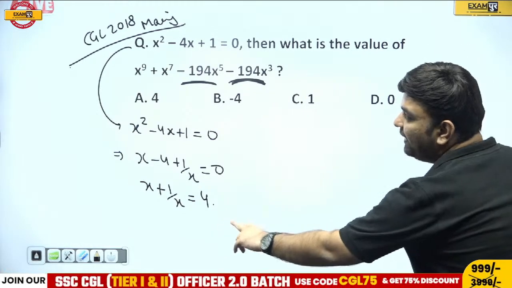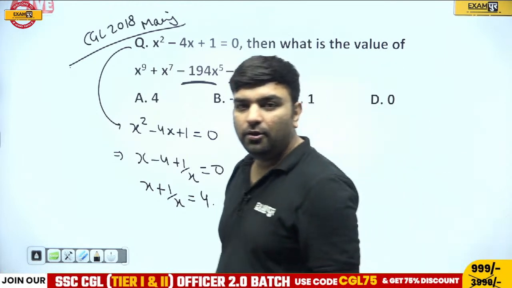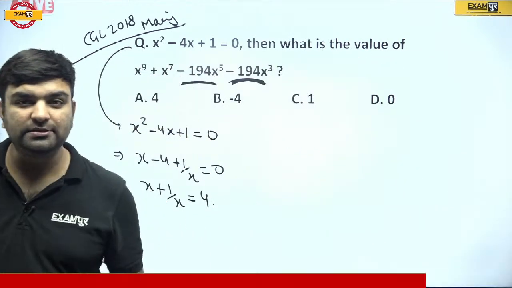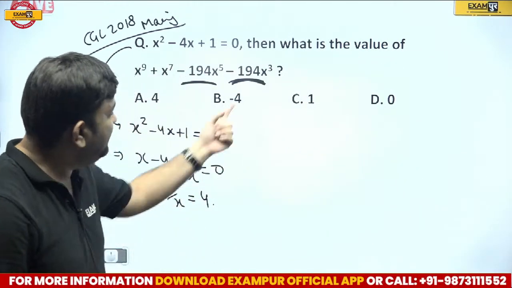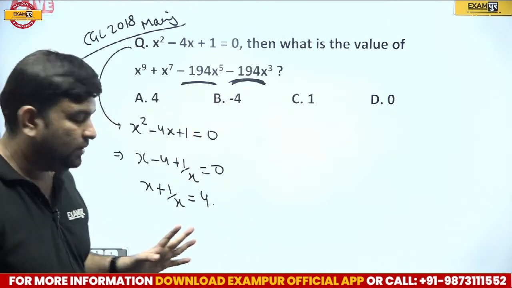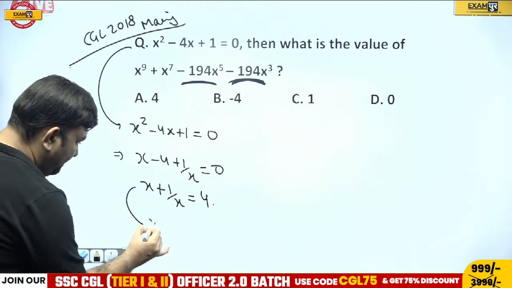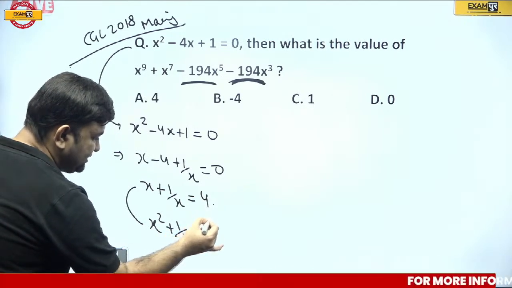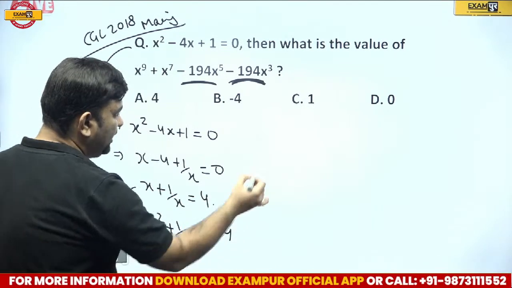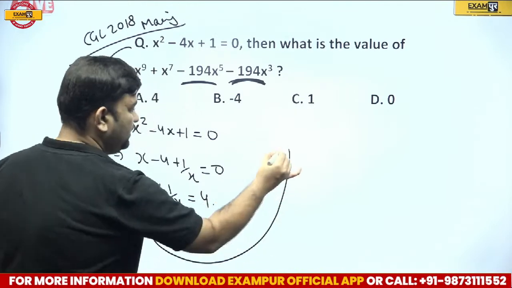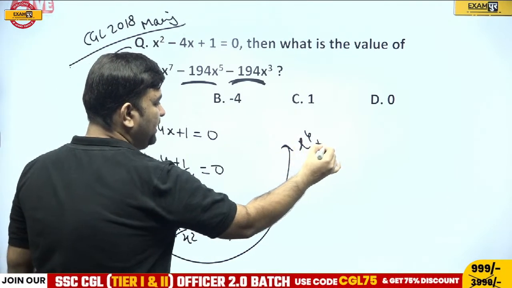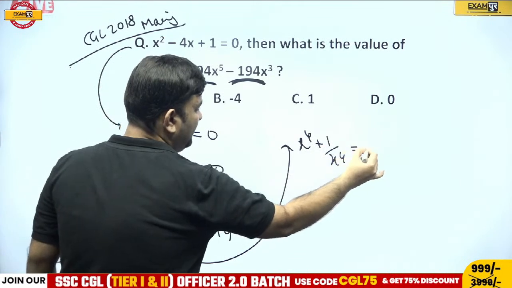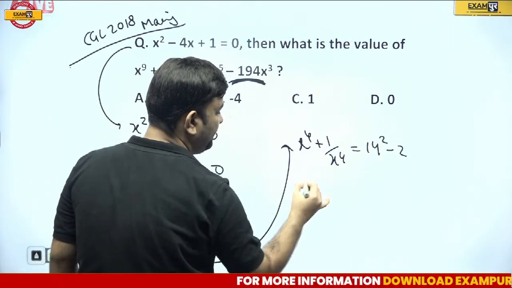On squaring and double squaring, it can become 194. On squaring, it will become 4 square, 16 minus 2, 14. And on double squaring, it can become 14 square minus 2.